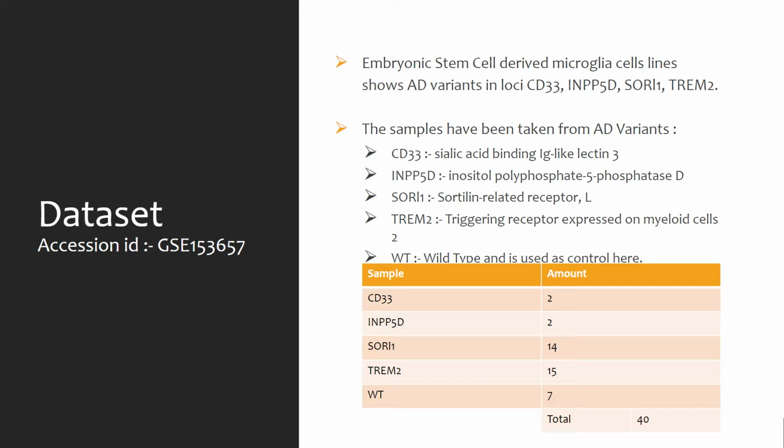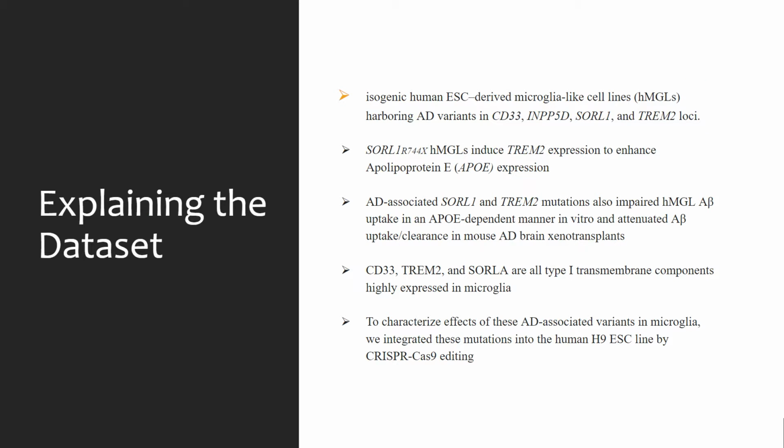In this dataset we have divided our samples according to the table shown below in the PPT. Now, a small piece of information about these types of variants. These are isogenic human derived microglial cell lines. The variants are introduced in these cell lines, and we see certain interesting things, like the SORL1 microglial like cell lines induce TREM2 expression which enhances the APOE expression pathway.